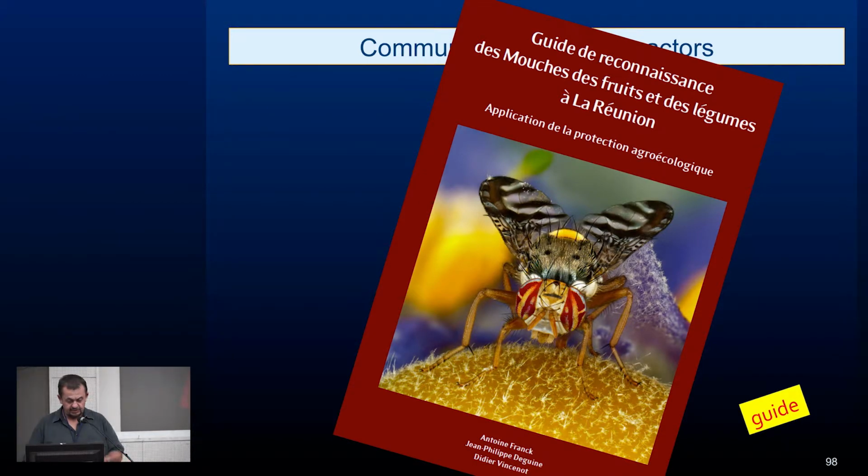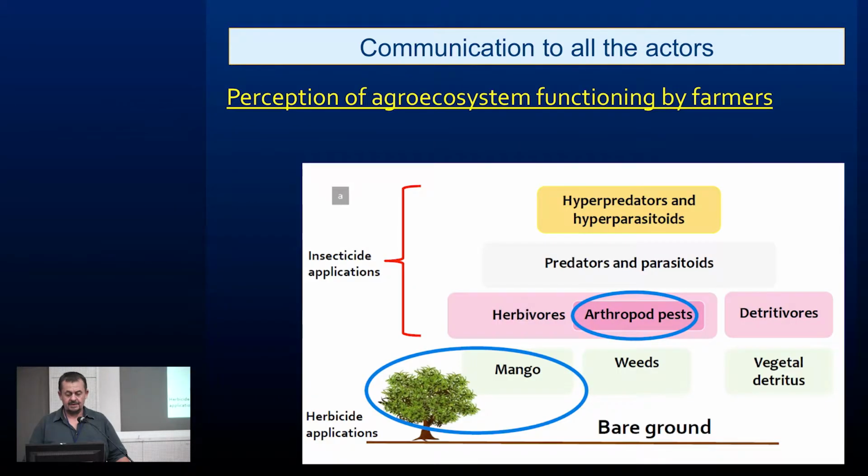Of course, I've taken some examples, a guide to recognize pests and beneficials. What is interesting is the shift in perception of what an agroecosystem is for a farmer. Here it's 10 years ago.